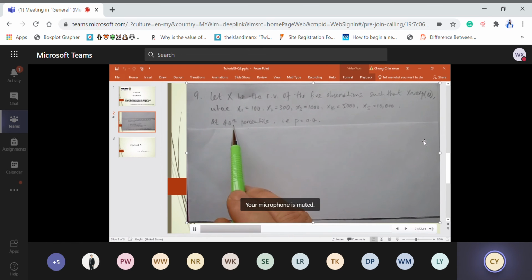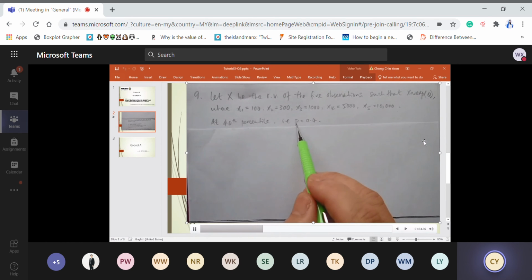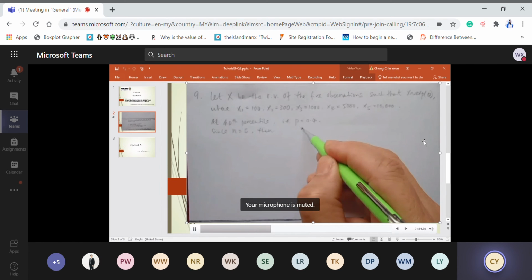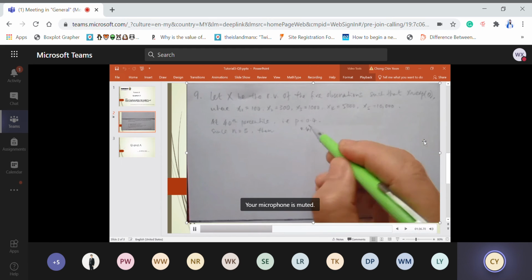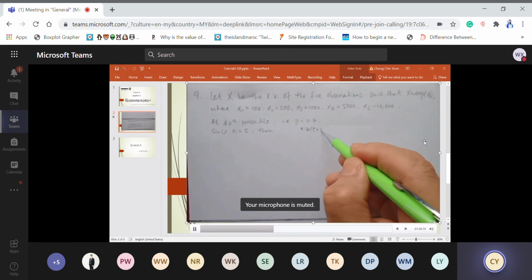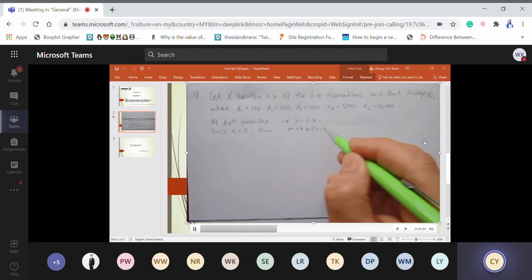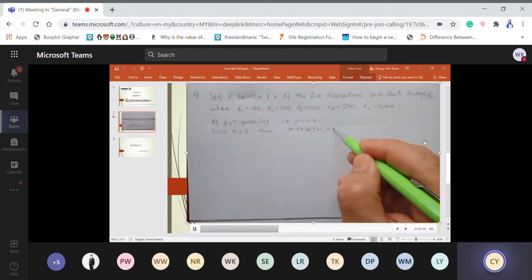At the 40th percentile, the probability is 0.4. Now, since the sample size is 5, then 0.4 multiplied by n plus 1 must be bounded between m and m plus 1.